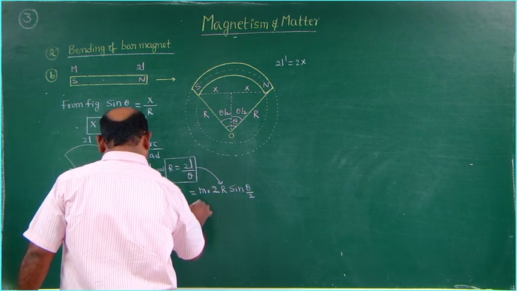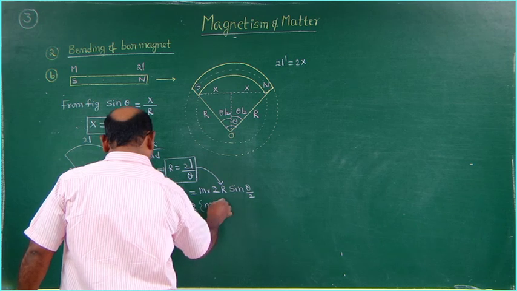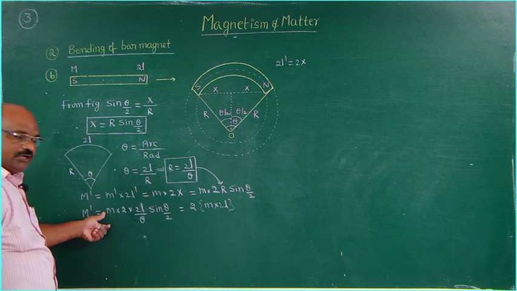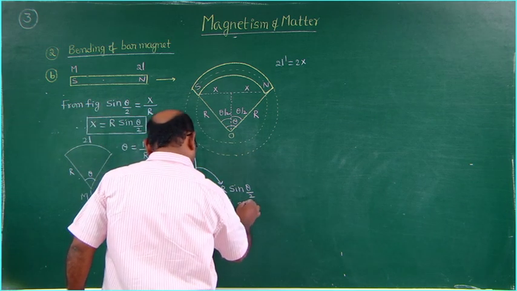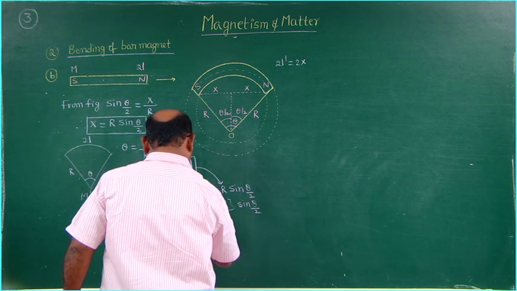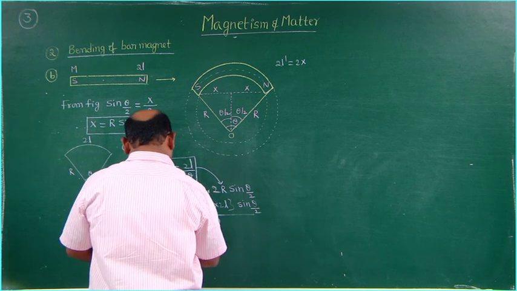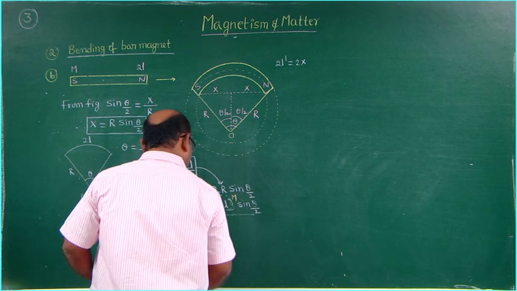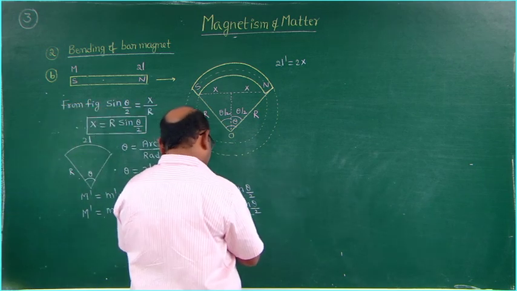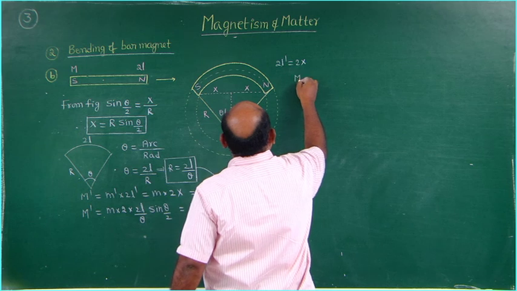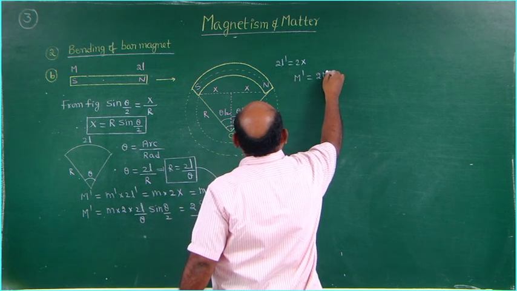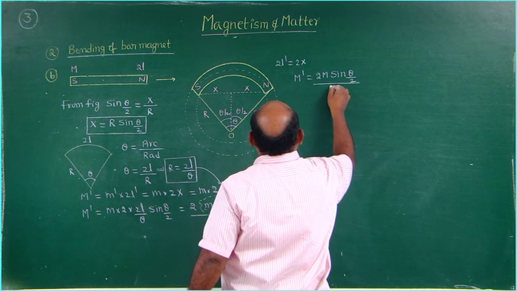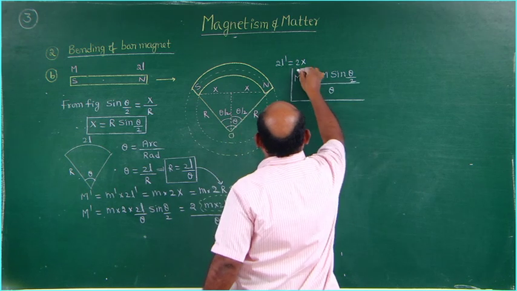Let us write it like this: 2 in front, 2 into m into 2l sin theta by 2, by theta. If you see, m into 2l is nothing but capital M. So finally, the new magnetic moment m dash is equal to 2M sin theta by 2 by theta.